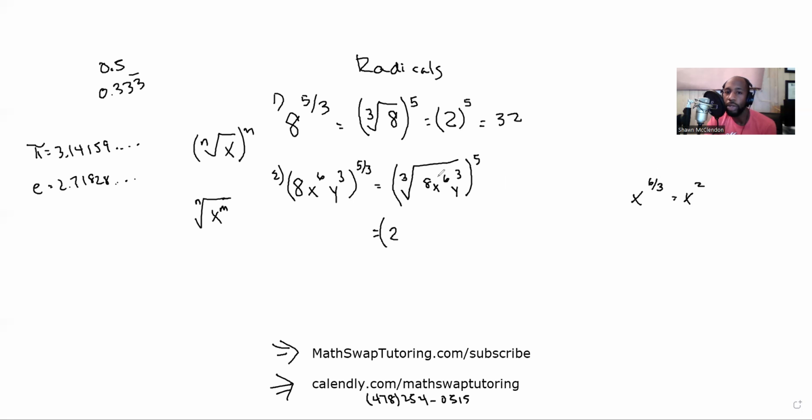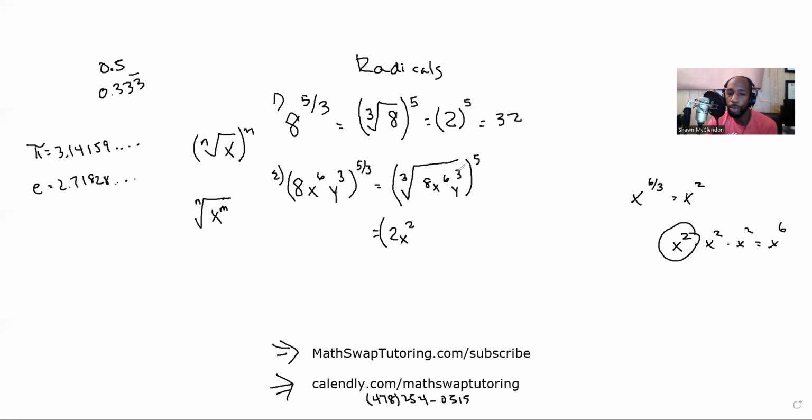You see? Or you can say, what is the cube root of this? What can I multiply times itself 3 times to get x to the 6th? So x squared times x squared times x squared gives you x to the 6th. So that means the cube root of x to the 6th is x squared. So that's 2, bring out an x squared.